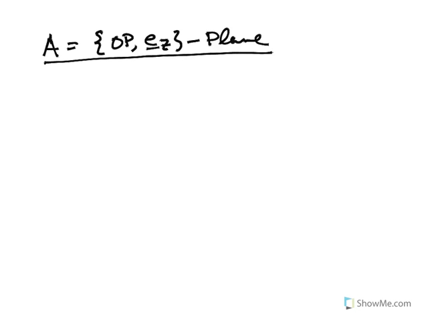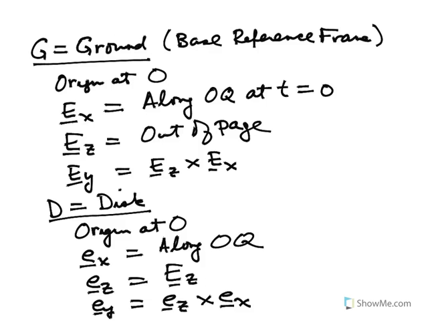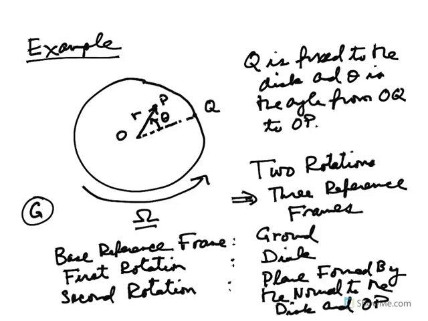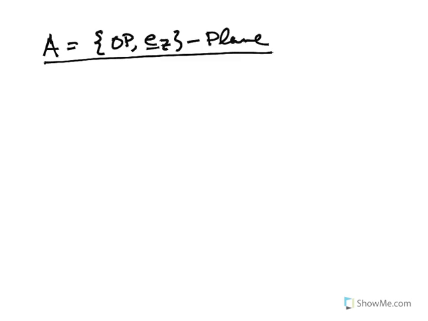So in this case, I'm going to think of this plane as being the one that slices through the direction OP, and it's going to be normal to the disk. Imagine you're taking a slice on the disk diametrically, going through OP. That's the plane I'm talking about.